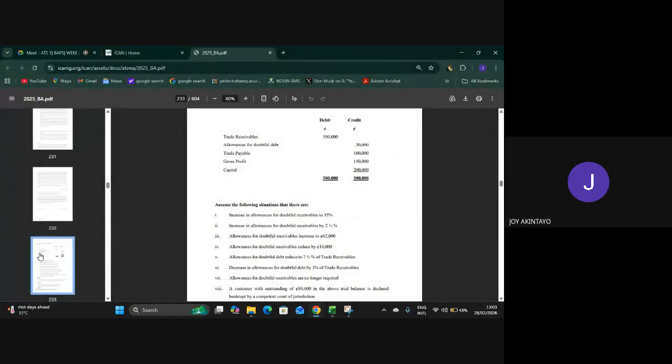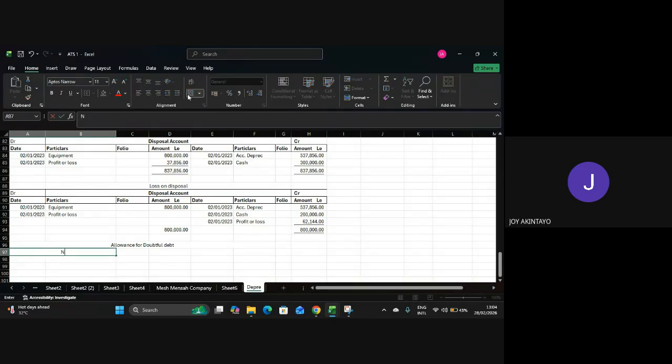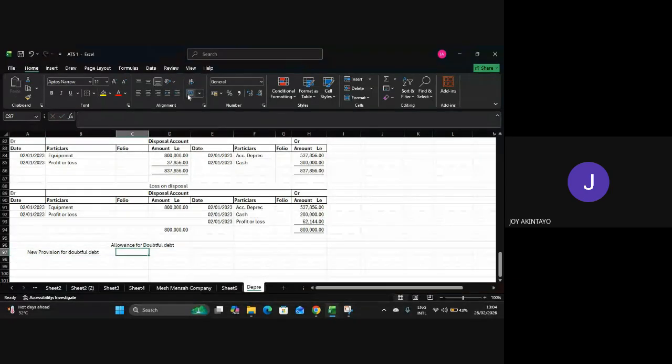So we have 15%. The new provision for doubtful debts is 15% of trade receivable. So how much is that?